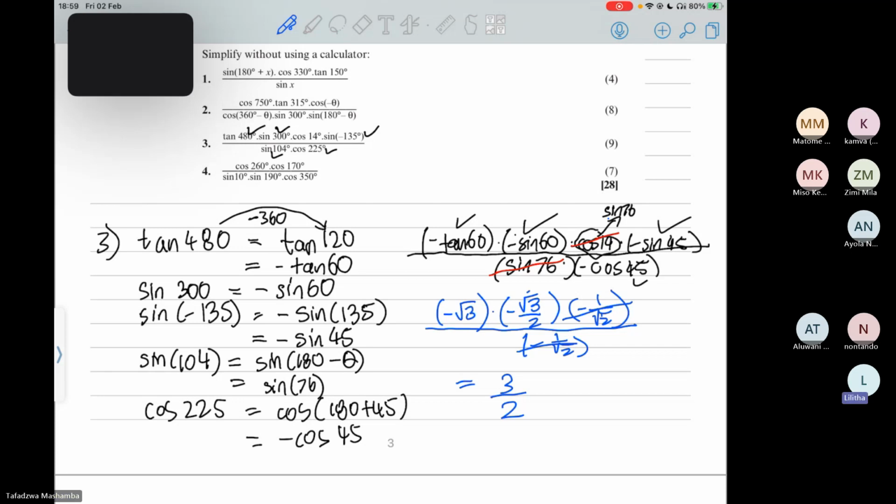So I saw that you took the negative out, and the sign was negative, and you told us before that sine is positive in quadrant 2. So what was going to happen if it was not sine, if it was cos of negative 135?